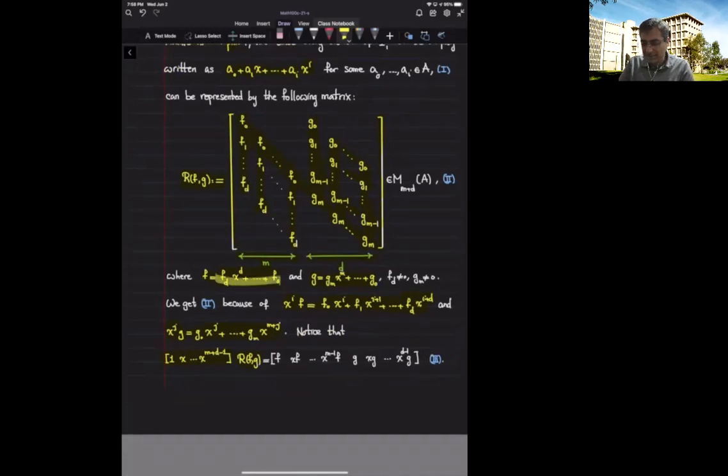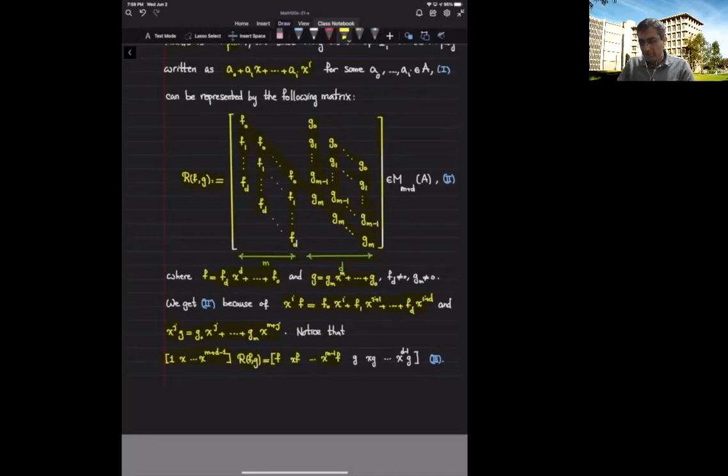That's precisely f. So the first component of this product is just f. Then when I multiply the same thing by the second column, I get a shift of it, x times f. Then I multiply it by the third column, I get a shift of it, and so on. So the first m components are f, x f, x squared f, up to x to the power m minus 1 f.